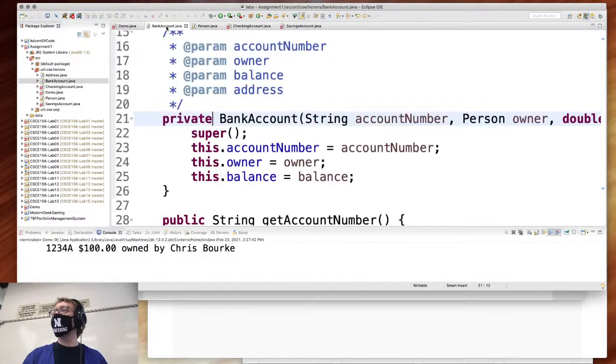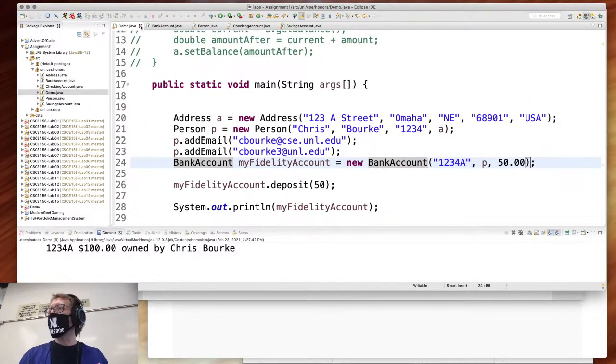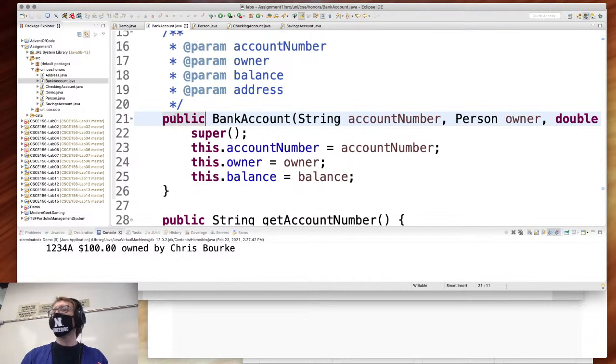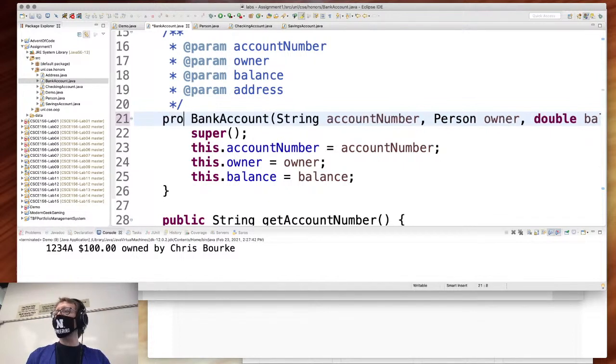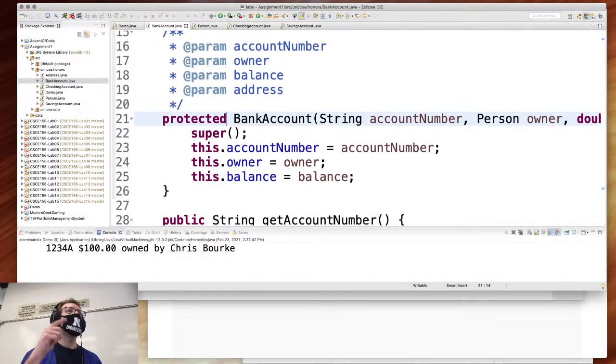So what's another keyword that we haven't talked much about yet? I could make it public, like I had before, but now we're back at square one. That's allowed over here, right? What's something in between? Public, everybody can see it. Private, only the class can see it. What I want is, I want the class to see it, but I also want its children to see it. And the way that you can do that is protected. Right? That's the in-between keyword.